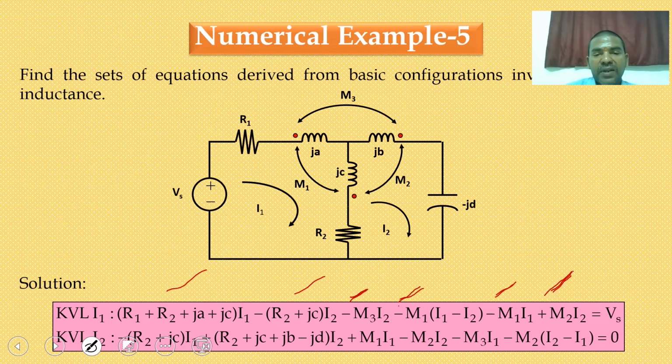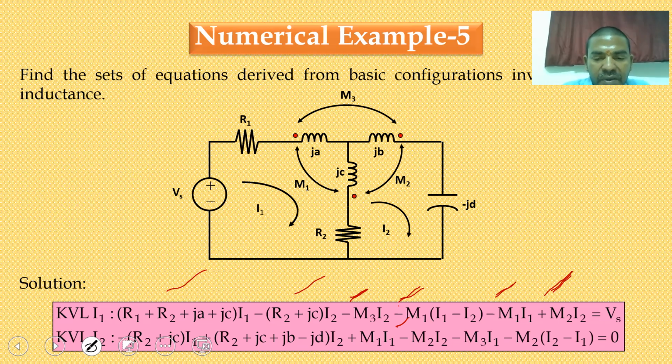Now coming to the mutual, here plus M1 into I1. Why are you getting plus M1 into I1? Because the I2 current is starting dot, and the I1 current is also starting dot. So plus M1. Next, with respect to M2, the I2 current for JC is starting dot, and for JB is ending dot, so M2 is negative.